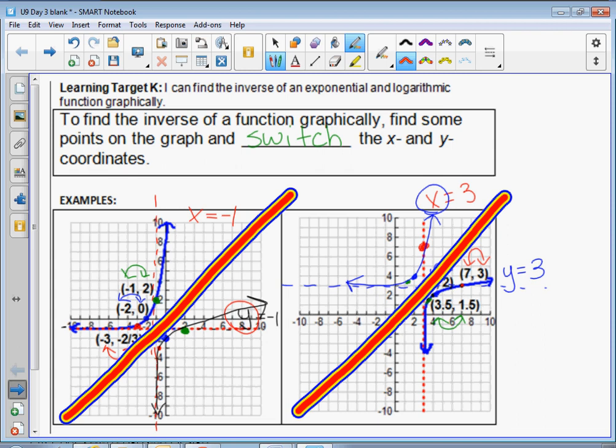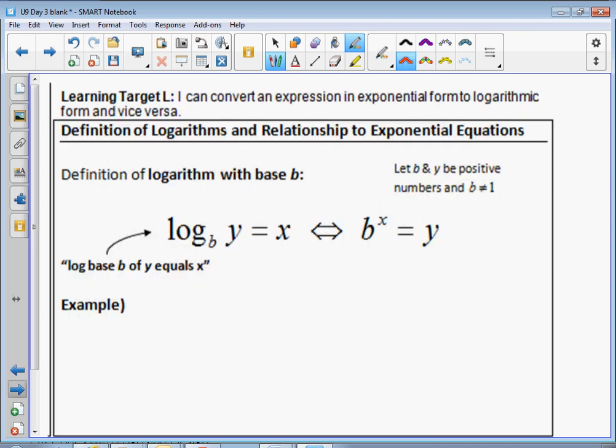Our next learning target is learning target L. I can convert an expression in exponential form to logarithmic form and vice versa. So we look at the definition of a logarithm with base b. We're going to let b and y be positive numbers, and b is not going to be 1. We read this log base b of y equals x.